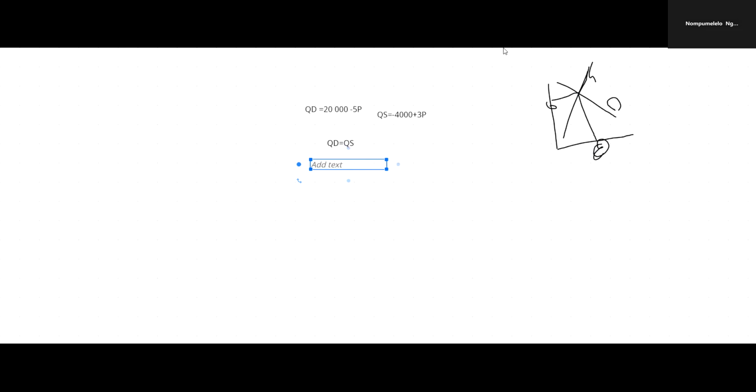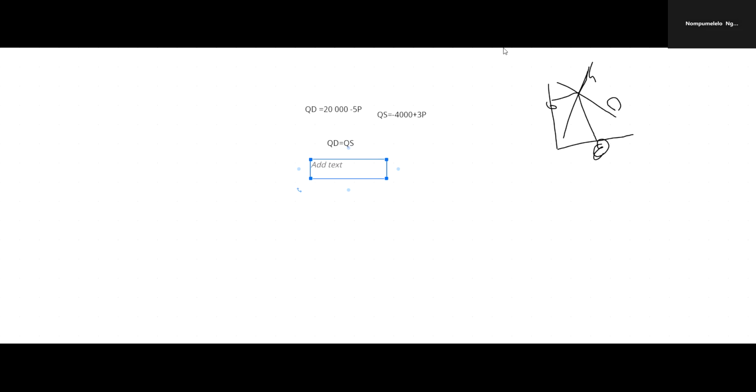So you will say 20,000, because the 5p is negative here, if you transpose it to this side, it's going to be positive. So plus 4,000 equals 3p, and then your minus 5p, if you transpose it to that side, it's going to be positive.